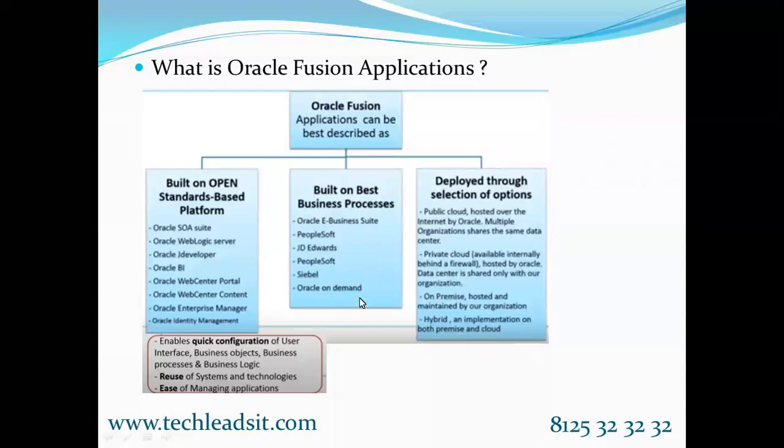E-Business Suite is familiar for SCM, PeopleSoft for finance, Siebel is something related to customers, and Oracle On Demand is for users' applications and so on. Like this, Oracle has some of these special tracks, right?